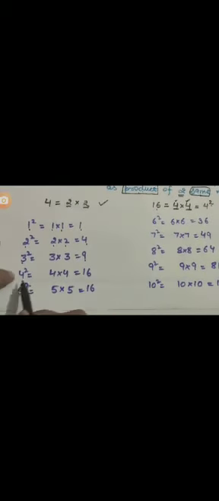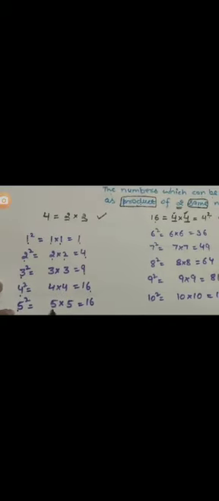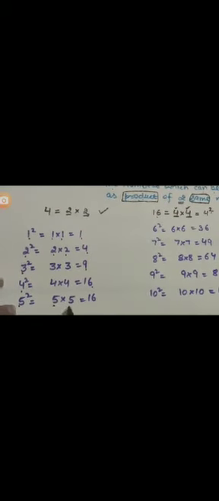So here are the squares of numbers from 1 to 10. Square of 1: you have to multiply 1 two times, so it will be 1. What is the square of 2? You have to multiply 2 two times, it will be 4. Similarly, square of 3 is 9, square of 4 is 16, square of 5 means you have to multiply 5 two times, it will be 25.